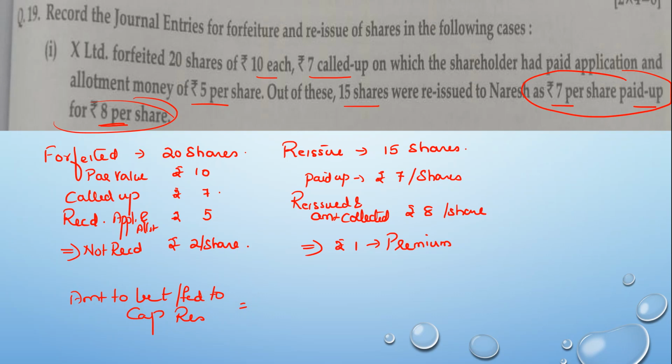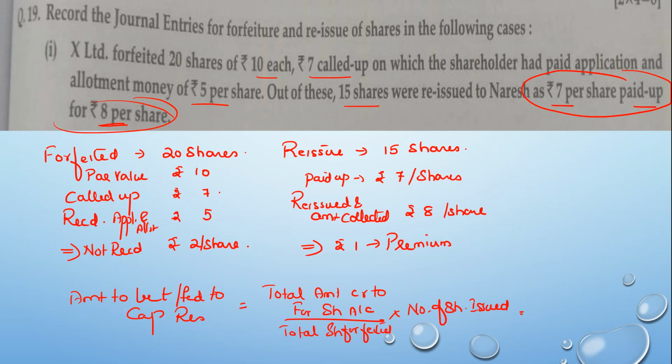For that we'll use the formula: total amount which is credited to the forfeited shares account in the forfeiture entry, divided by the total number of shares forfeited, into the number of shares reissued. That way we are basically trying to find the proportionate amount of the forfeited shares account balance in respect of the shares reissued. If there was a discounted reissue, then that discount has to be subtracted from this value.